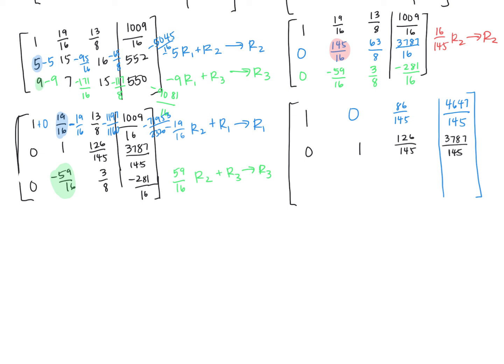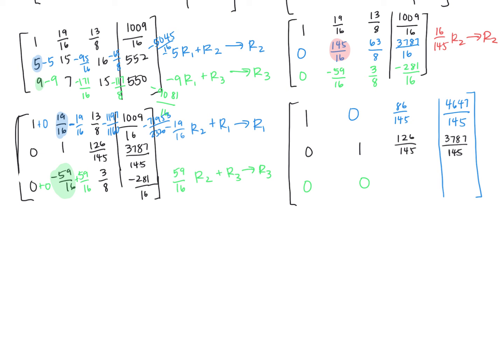So we're going to multiply the second row times the 59/16 and then add that to row 3. So row 2, 0 times anything is 0. So 0 plus 0 gives us 0. 59/16 times 1 is 59/16. And then when we add that to the negative 59/16, we will see that we get 0.